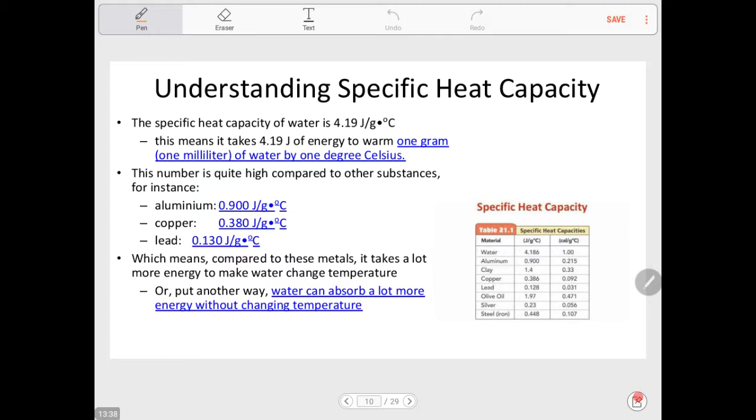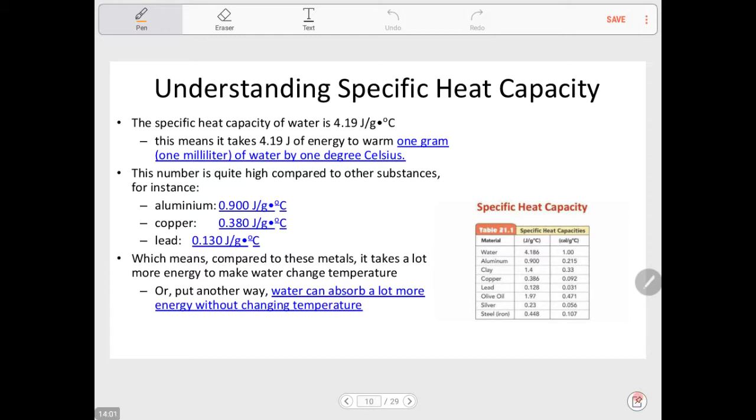This number is very high compared to other substances. For instance, aluminum, 0.9, copper, 0.38, and lead is 0.130. Which means, compared to these metals, it takes a lot more energy to make water change temperature. Or put it another way, water can absorb a lot more energy without changing temperature. So there you go.